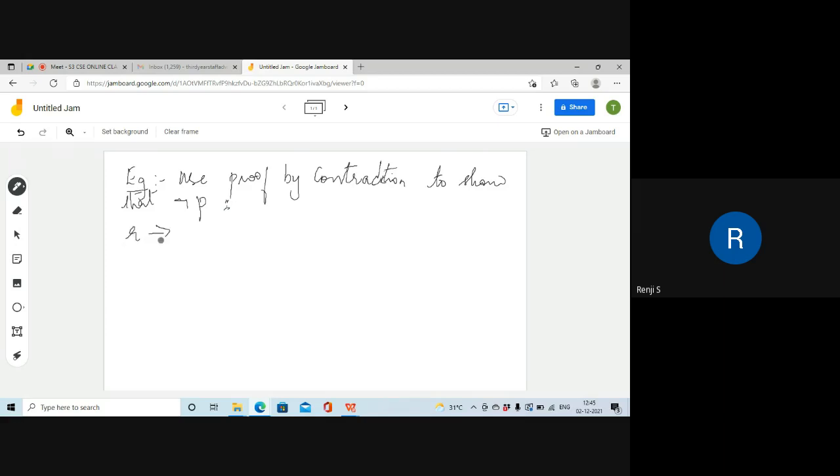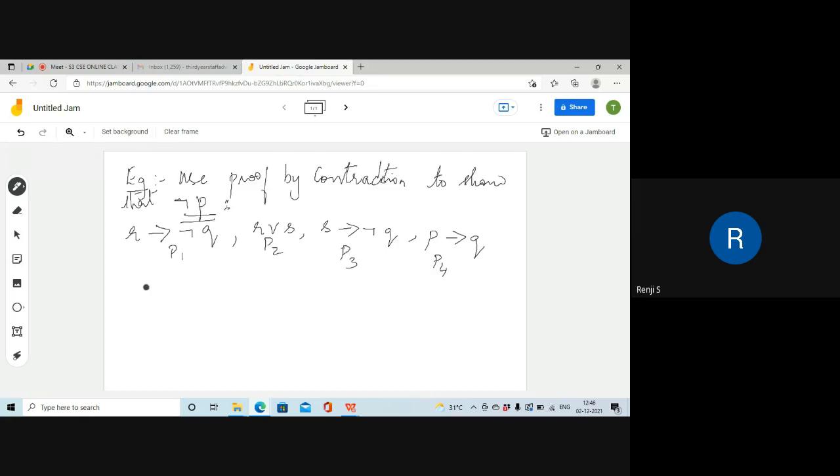The given premises are R implies not Q, R or S implies not Q, and P implies Q. Okay, so these are the given set of premises. This is P1, P2, P3, and P4. You are given 4 premises, and you have to prove not P.